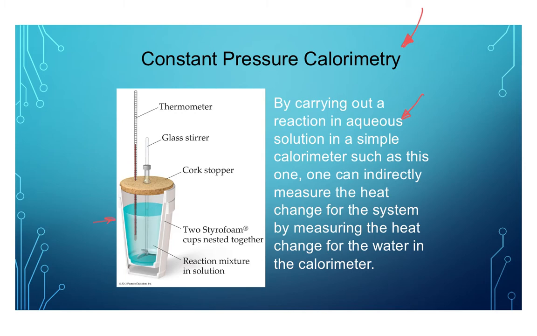When you do that, you can measure the heat change for the system by measuring the heat change for water in the calorimeter. So let me run you through this real quick. So very simply, one of the most simple calorimeters you can do is just take two styrofoam cups, nest them in with one another, or sometimes, in our lab, we have just kind of thick-walled styrofoam containers. And then they have a little lid, and in that lid, you have a thermometer.